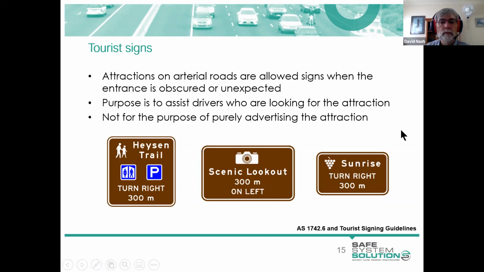There's probably tourist signs are the ones that provide the greatest controversy for traffic engineers in both the state and local government levels. There's always pressure from tourist operators to have more signs to their particular attraction, but we need to be very careful about that.